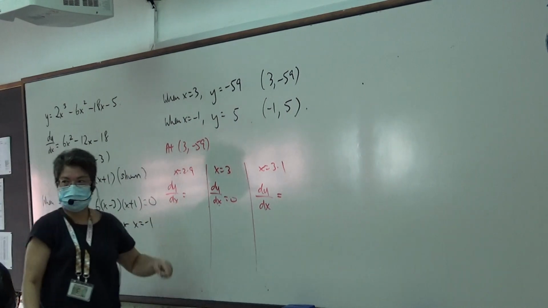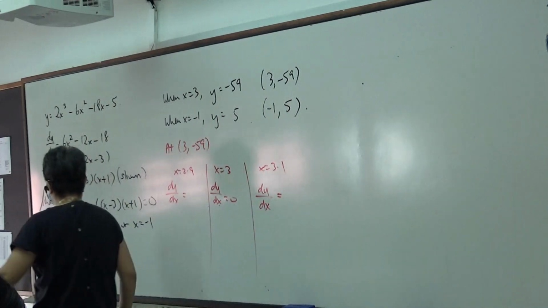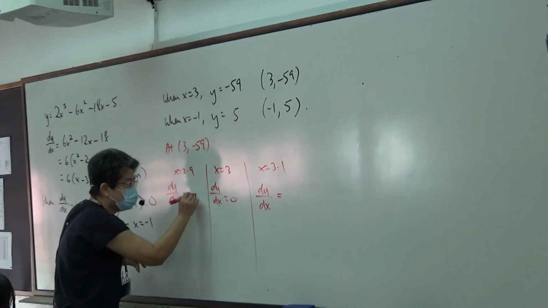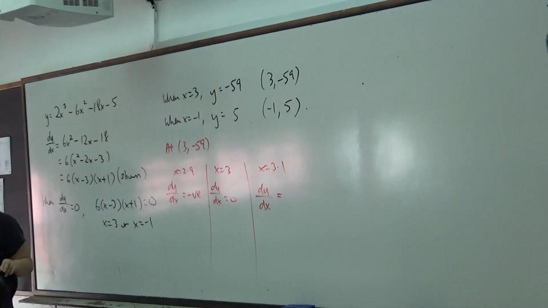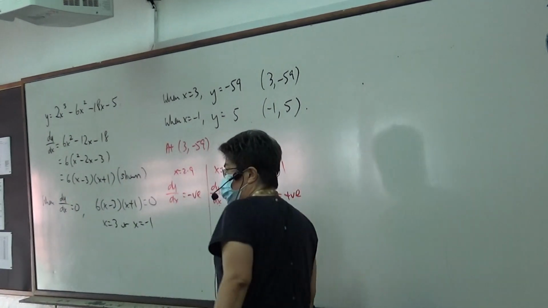Actually, by looking, you already know. 2.9 minus 3 is negative, negative and positive, so this is a negative value. How about this side? 3.1, positive, positive. So this is positive, am I right?